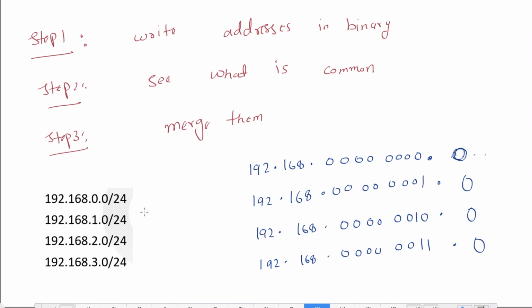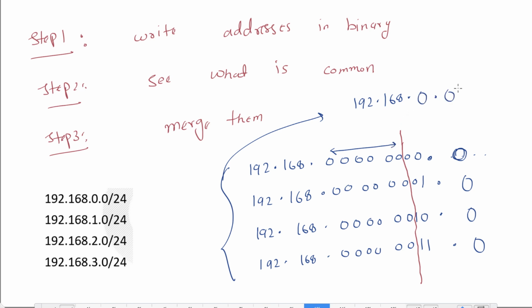The first network is saying that the initial 24 bits are fixed. The second network is also saying that the initial 24 bits are fixed. But if you look carefully, if you want to merge these 4 networks, can you say that the initial 22 bits are fixed? Then these 4 networks combined would be 192.168, and if you put these bits in decimal along with the zeros, it will be 0.0, and then 22.